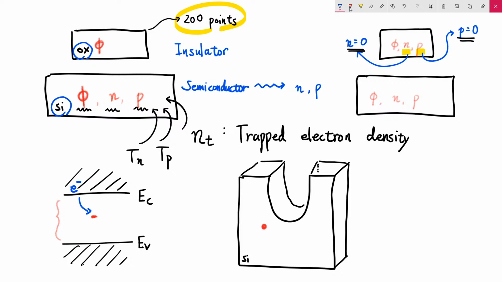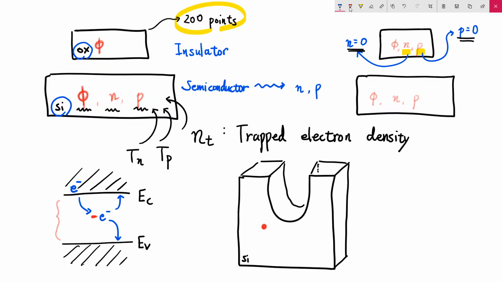So for some time scale, it can be captured here, and if it takes a certain phonon to get energy, then it can escape from this one, or even it can move to the valence band.